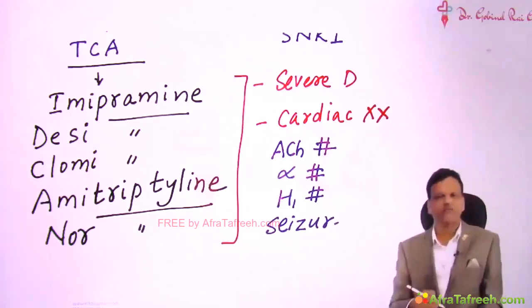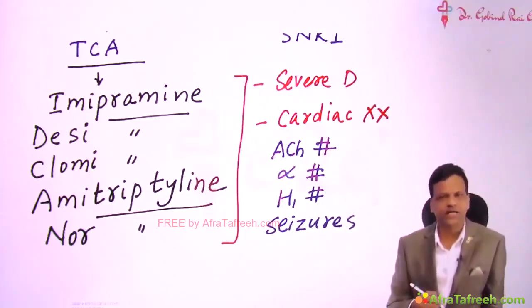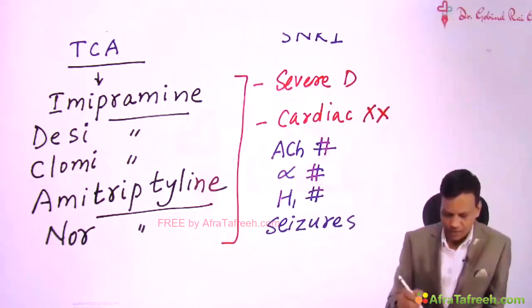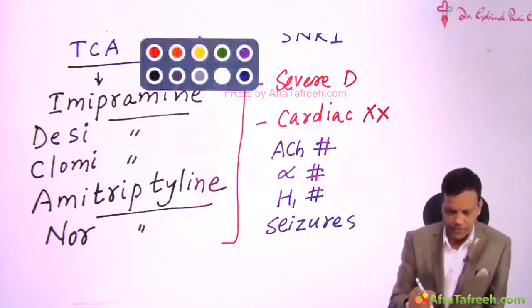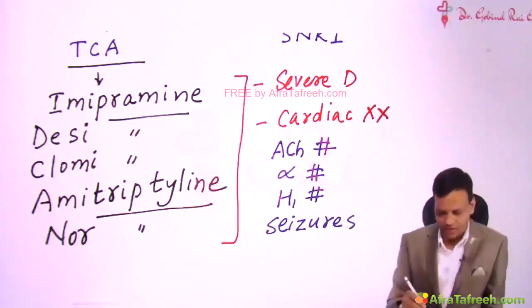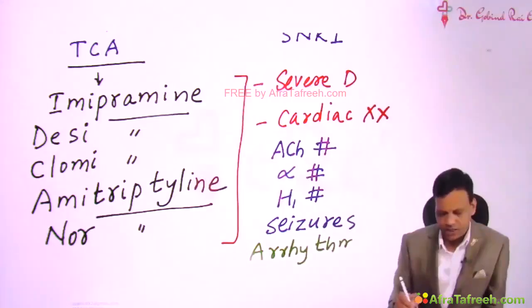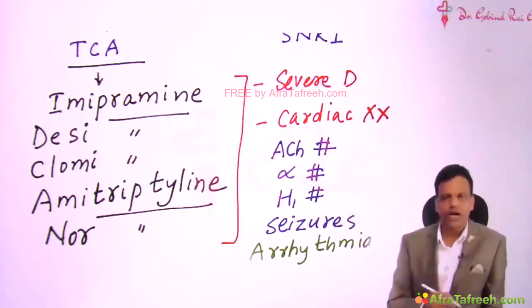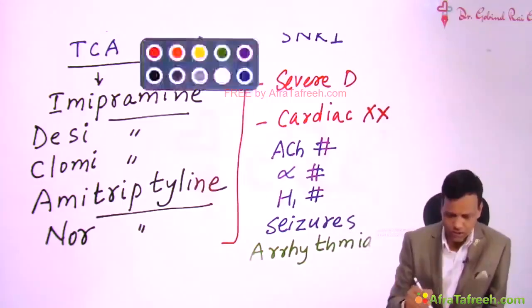And these side effects are very prominent with the tricyclic antidepressants. Apart from these, tricyclic antidepressant drugs are also associated with arrhythmias. They can cause arrhythmias also. And in overdose, these can result in metabolic acidosis.